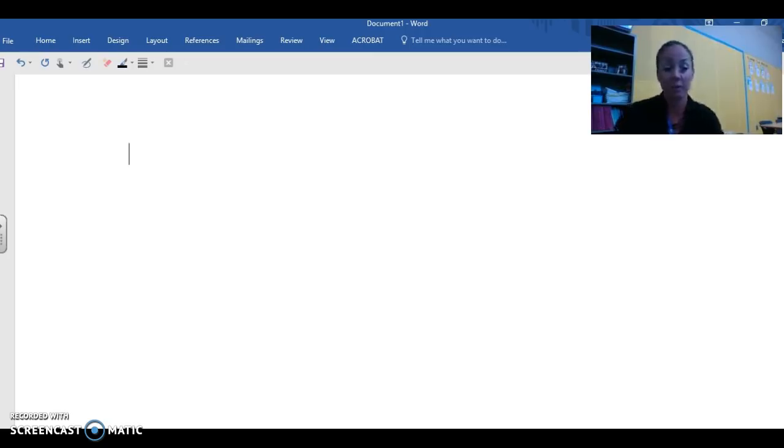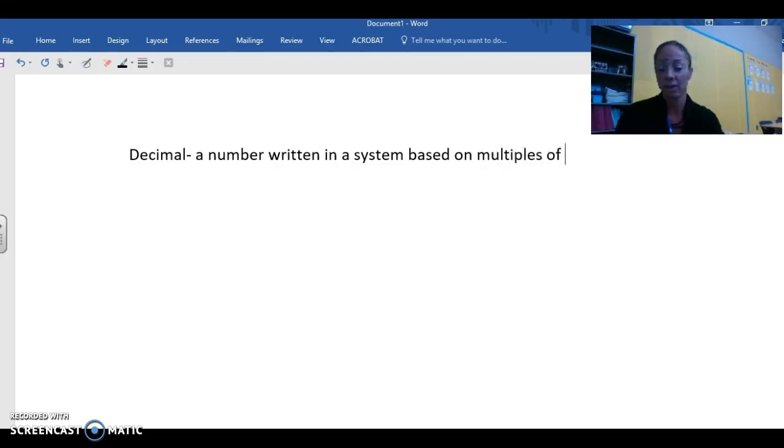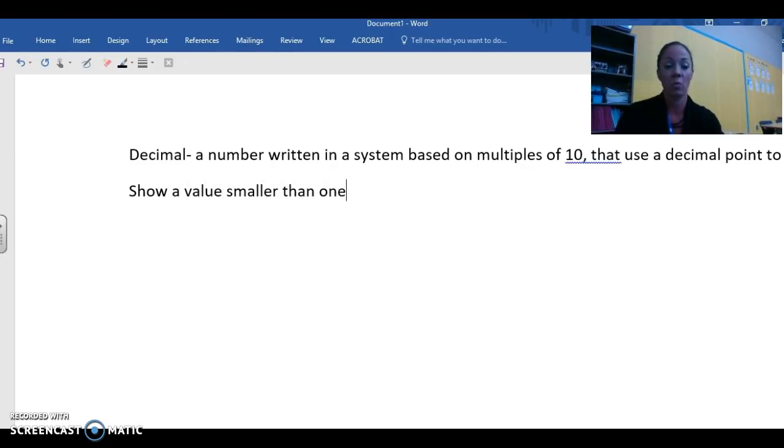So our first vocabulary word is decimal. And I'm pretty sure all of you know what a decimal is. But the definition of a decimal is a number written in a system based on multiples of 10 that use a decimal point to show a value smaller than 1.